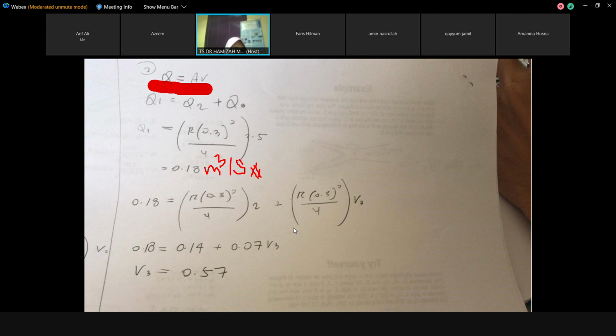Kita dah dapat Q 0.18. So Q2 plus Q3. Tengok balik soalan. Q2 diameter dia 2 dengan 20. Ni kenapa 0.3 ni? Betul tak?